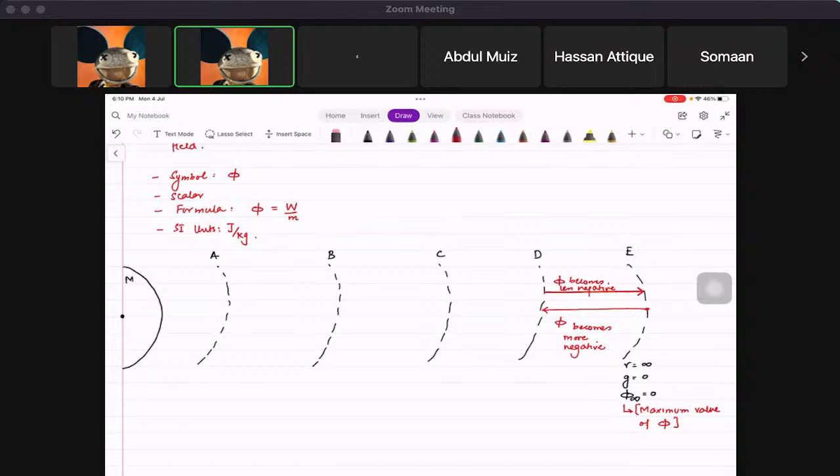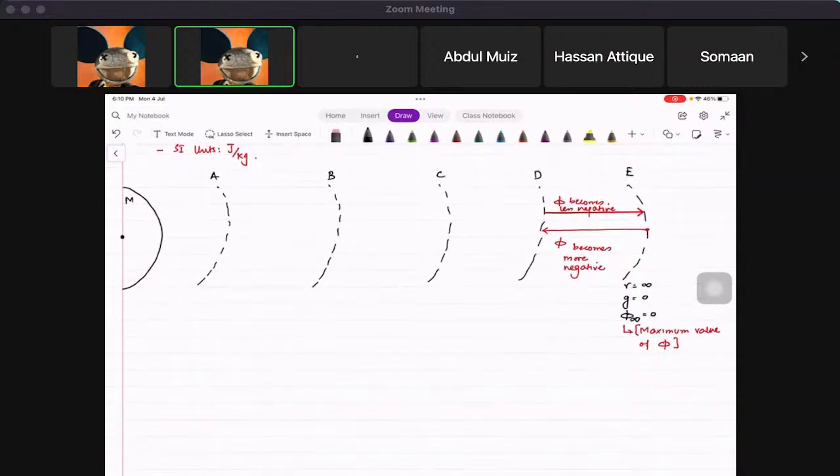Now, when you look at the formula itself, the gravitational potential is given by work done per unit mass, right?